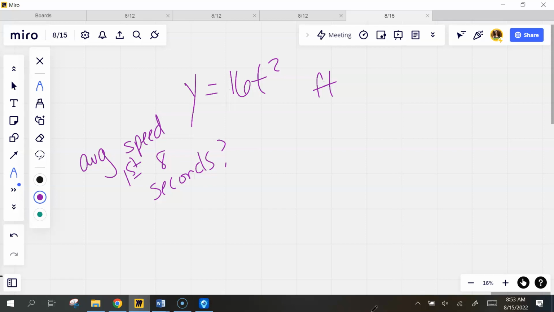Y'all remember what to do? Well, this is average. This is your average rate of change. So how do I find average rate of change? So you put the 8 in for the t, is that what you said?